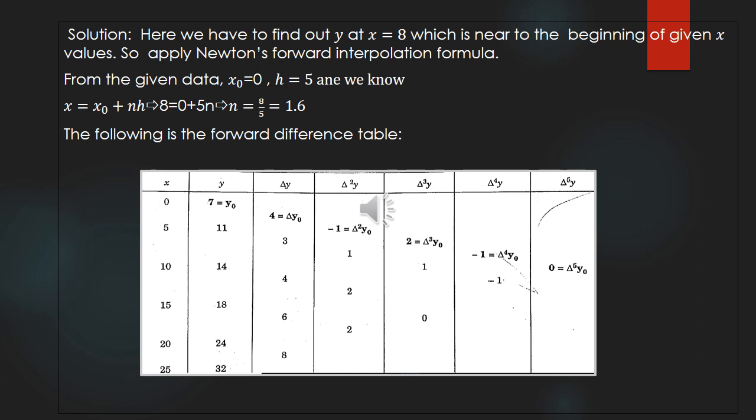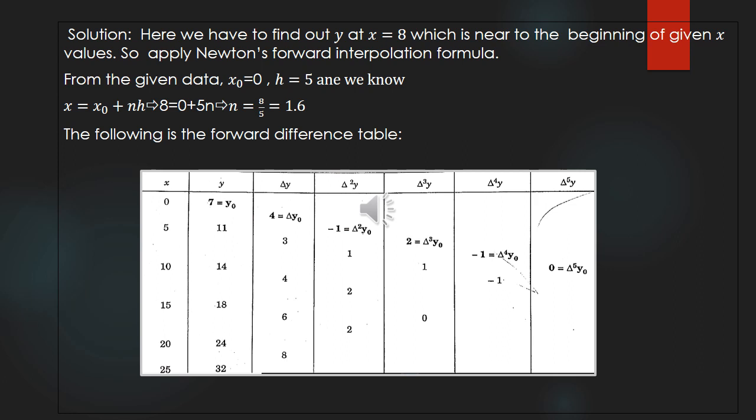That is 11 minus 7, which is 4, written between 11 and 7. Then del y1 is 14 minus 11, which is 3. The next is 18 minus 14, which is 4. The next is 24 minus 18, which is 6. Next is 32 minus 24, which is 8.